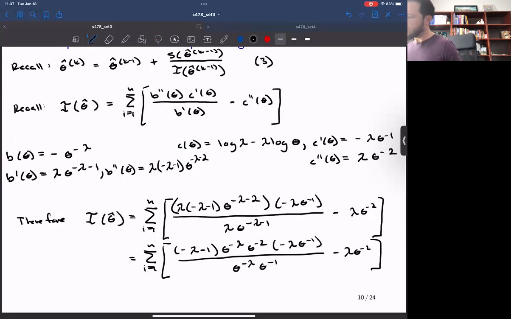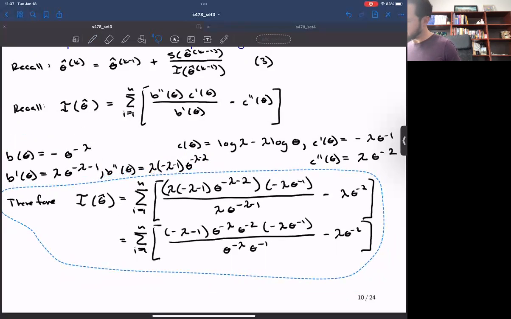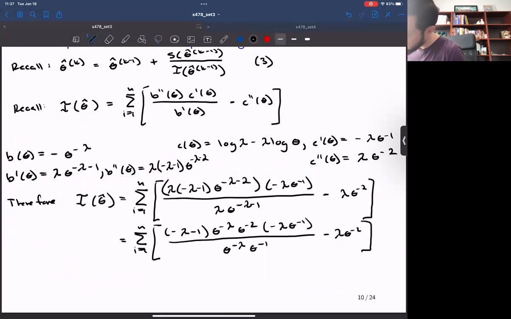That looks terrible. I'll clean this up after. I'm just trying to make myself a little more room here. Simplify this thing. Pressure is on. All right, it looks like we can drop those theta to the negative lambda. We can drop that theta to the negative 1 as well.